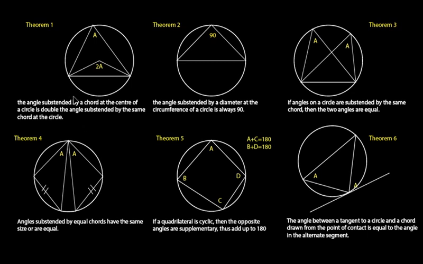What the theorem is telling us is that if we have a chord with an angle at the center, and this same chord has another angle at the circumference, then the angle at the center is twice the angle at the circumference. So whenever we have the angle at the center, if we divide it by 2, we get the angle at the circumference.